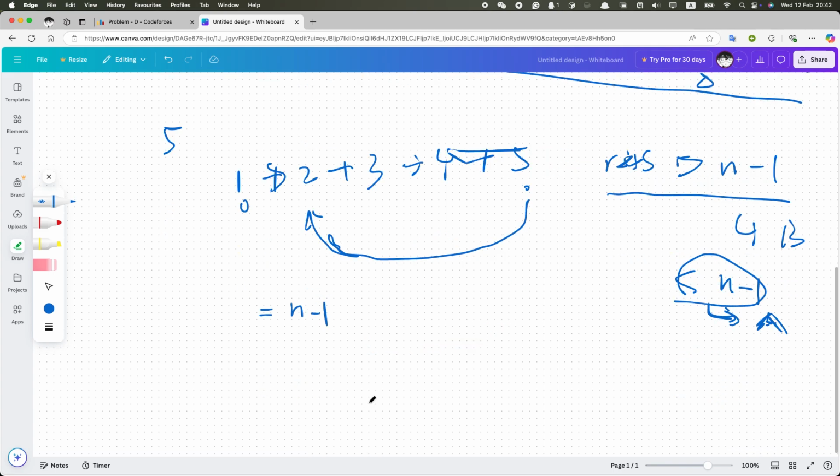We need to do another query. If we ask 1 to 5 and the response is n minus 1, we need to care about the edge from 5; we don't know which number it will go to, right? For example, it maybe goes to number 2 or maybe goes to number 1.